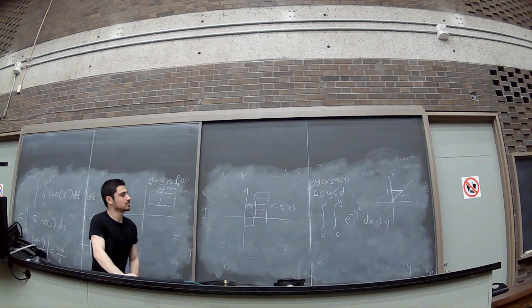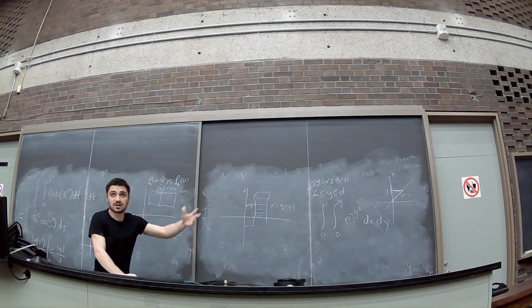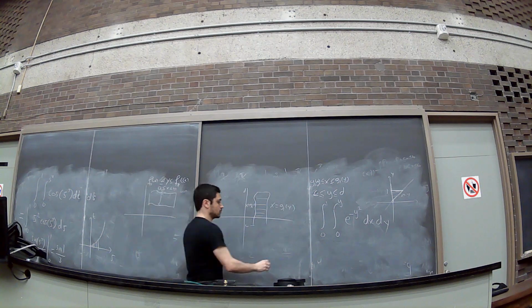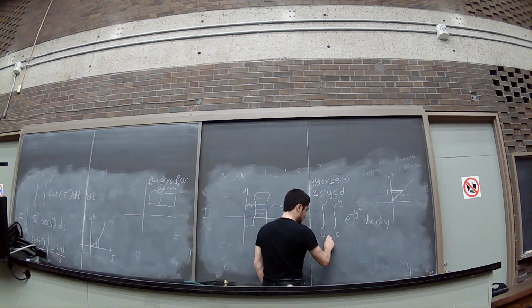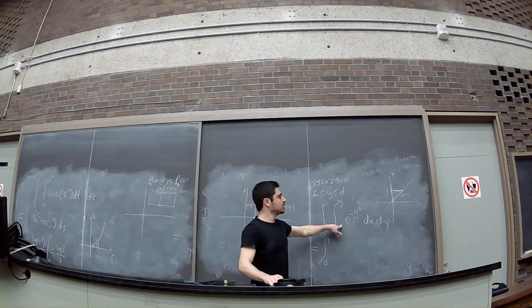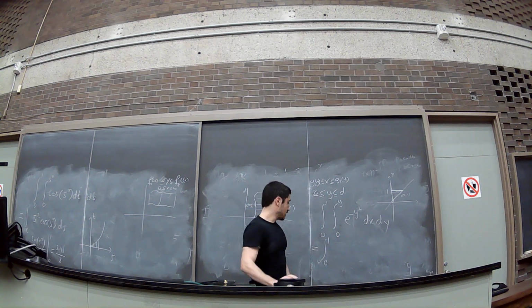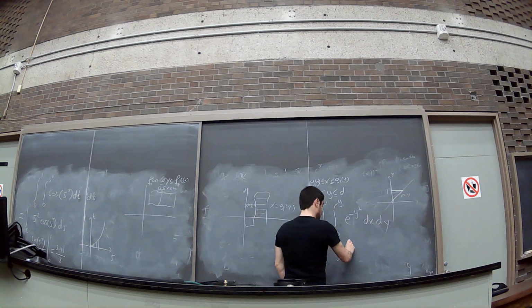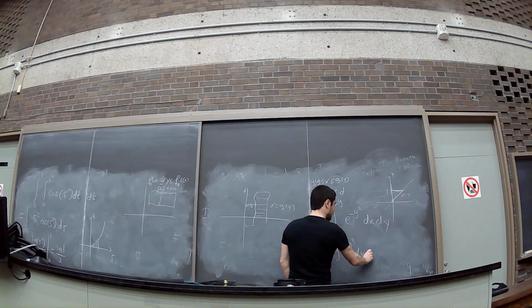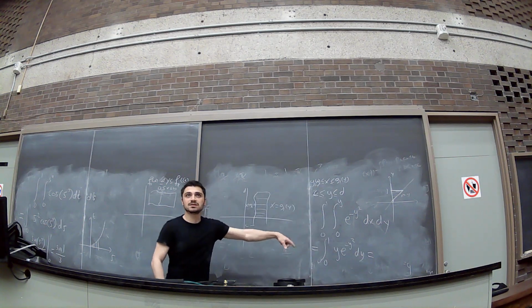Great. How do I integrate this one? Is x a constant or not? In the first integral, x is not a constant. But what is a constant? y. So e to the minus y squared is a constant. I can treat it as a constant. So when I integrate that, what do I have? You have to integrate 1 from 0 to y. What do you get? y. y e to the minus y squared, from 0 to 1. Oh man, that's sweet. Can I integrate this thing?